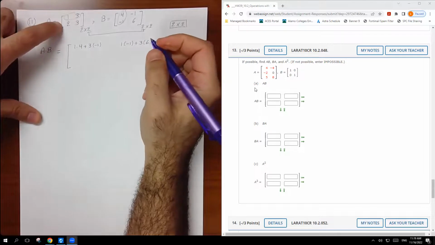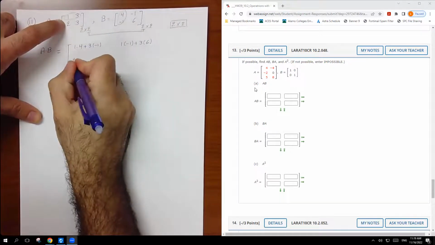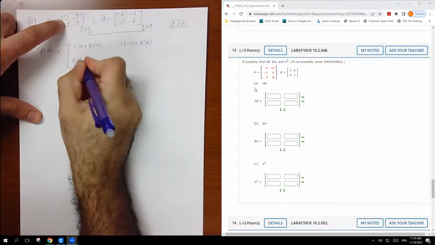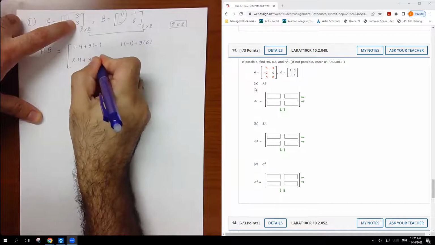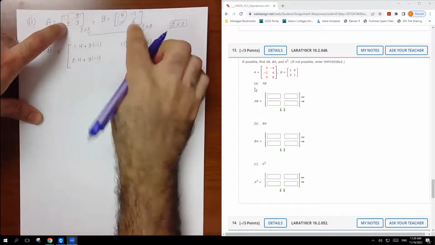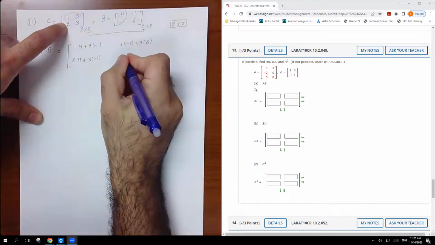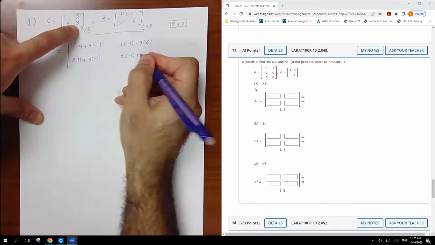Now, the second row with the first column. So 2 times 4 plus 3 times -1. Now, the second row with the second column. So it's going to be 2 times -1 plus 3 times 6.